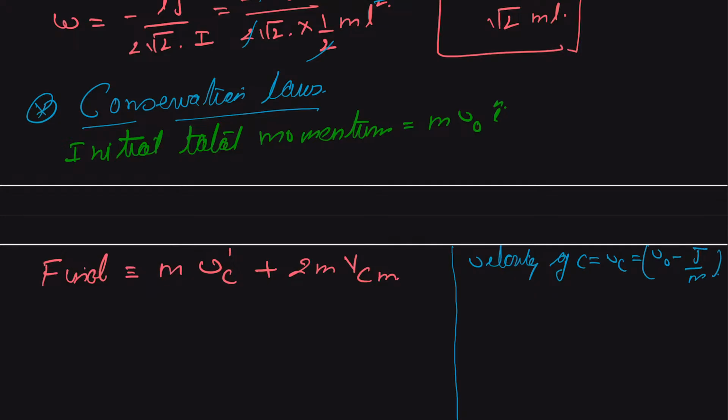And from here we can find out the change in momentum, that is delta pc, which will be equal to minus j i unit vector.